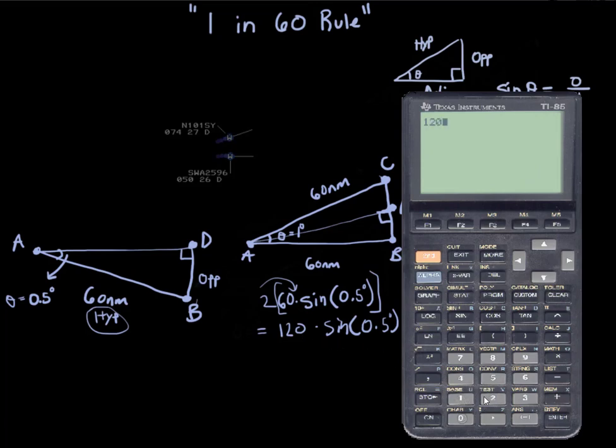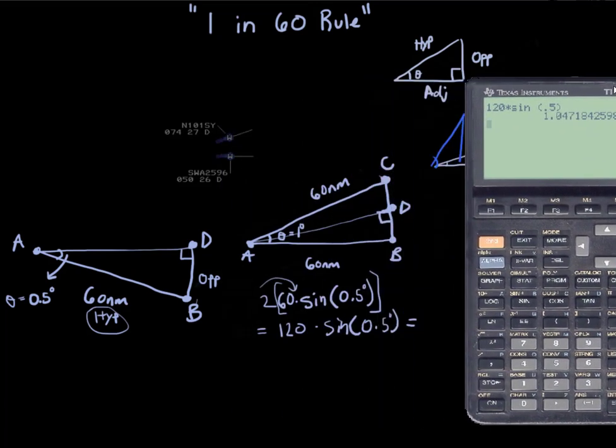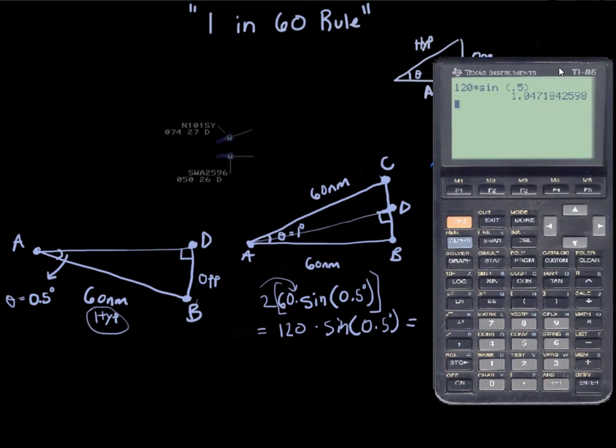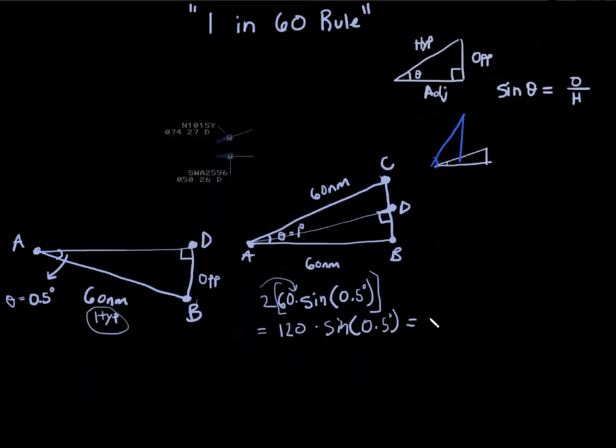We have 120 times sine of 0.5 degrees is equal to 1.04718, etc. We will round that and say it's 1.05 nautical miles. So your answer there, the distance from CB, is equal to 1.05 nautical miles.